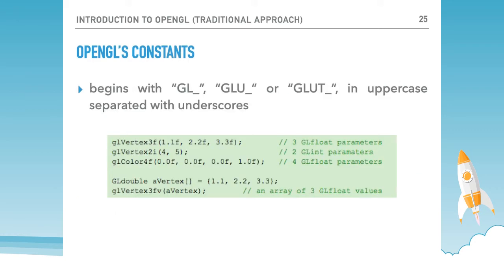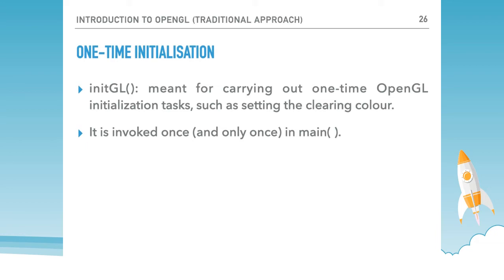Don't forget to declare your constants in uppercase separated with underscores. Apart from all this, there's one function that you should know as well, which is the initGL function. This function is meant for carrying out one-time OpenGL initialization tasks, such as setting the clearing color. This function will only be invoked once in the main function.